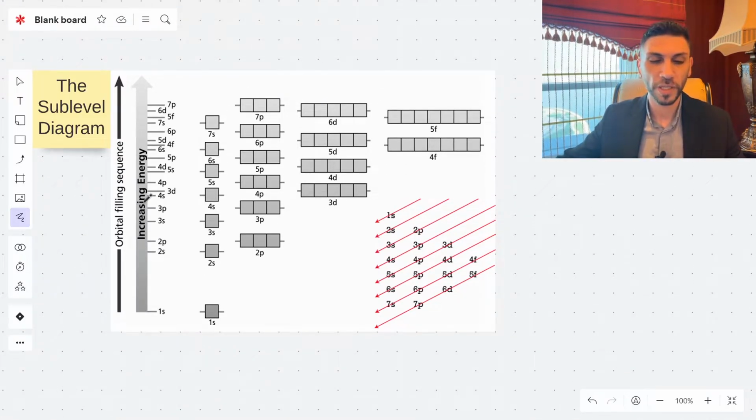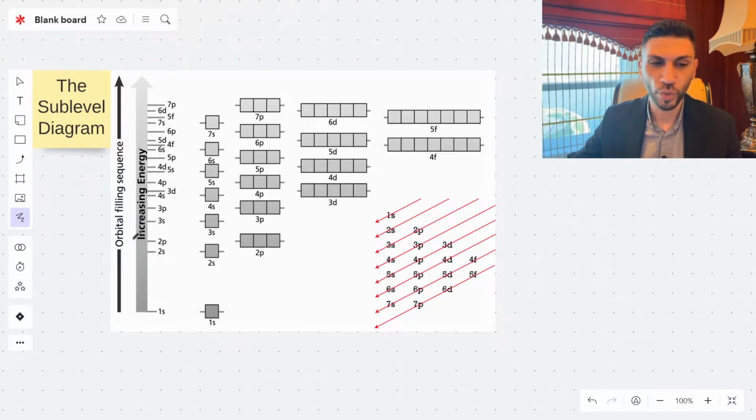Before we start, I recommend that if you haven't watched the previous video about the rules of how we do the electron configuration, you go back and watch it. We studied something called the sublevel diagram, and these are the sublevels. When n equals 1, we have only one sublevel, which is 1s.